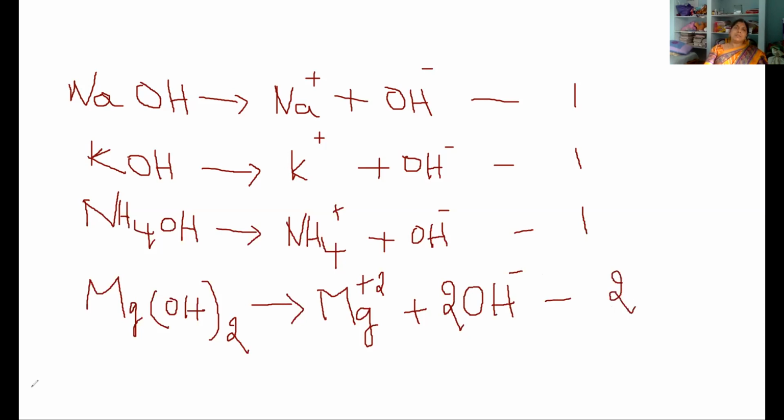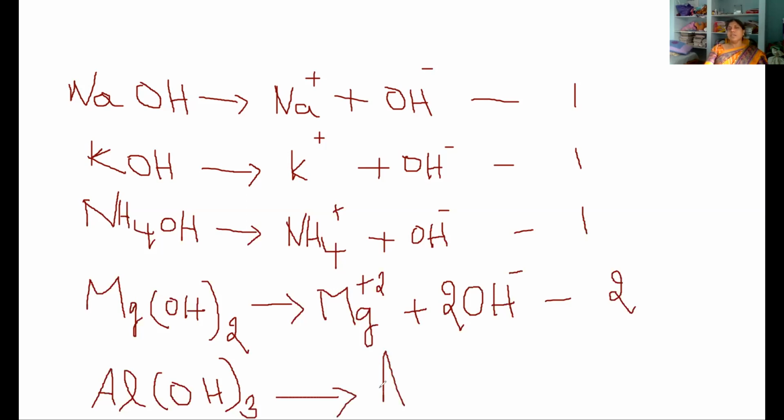Similarly, calcium hydroxide, Ca(OH)2, splits into Ca plus 2 and 2 OH minus. Now I will write aluminum hydroxide, Al(OH)3. So how will it split? What is the valency of aluminum?